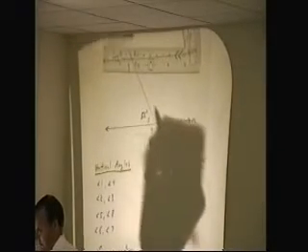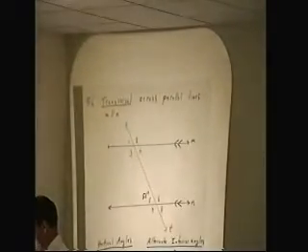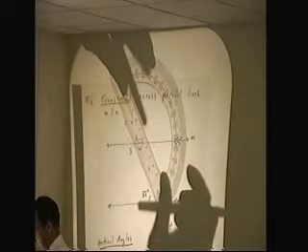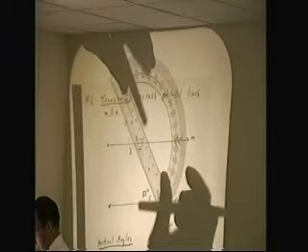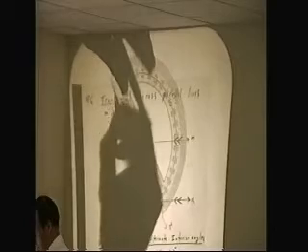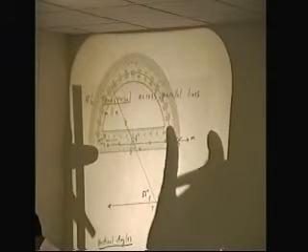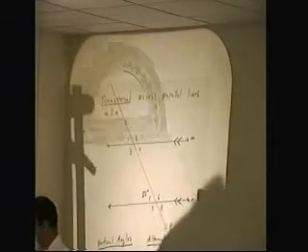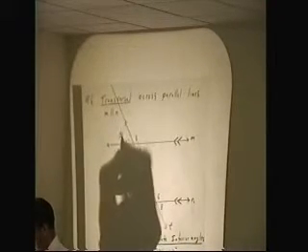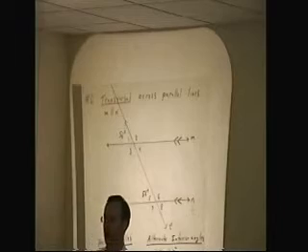I think I'll put it in another color. Mine's different than yours, of course, but the idea is the same. And if I extend that one out, I can find it. Let's see if angle 1 is 56 degrees as well. Yep, dead on, 56 degrees.